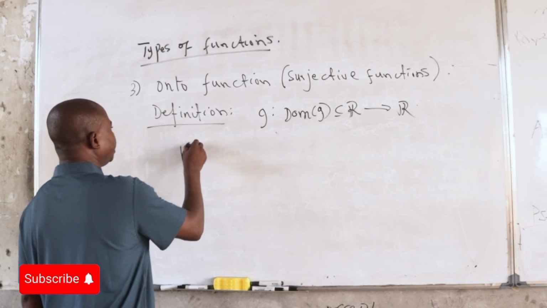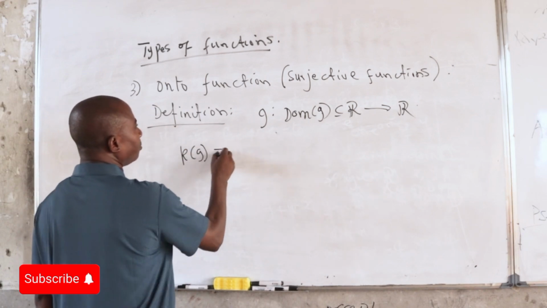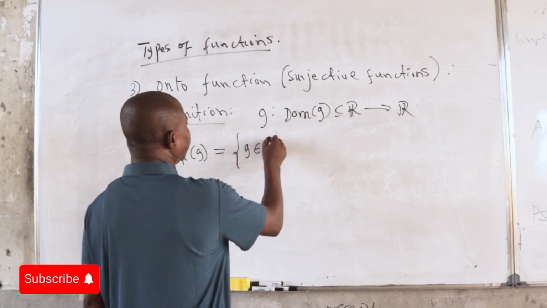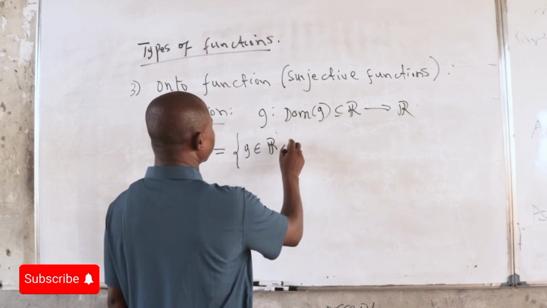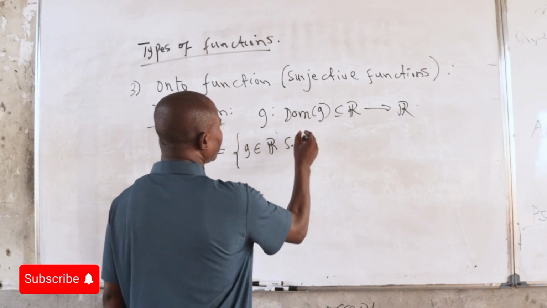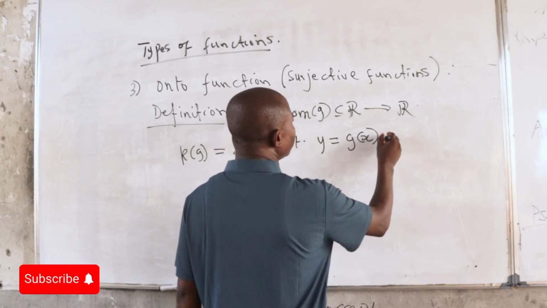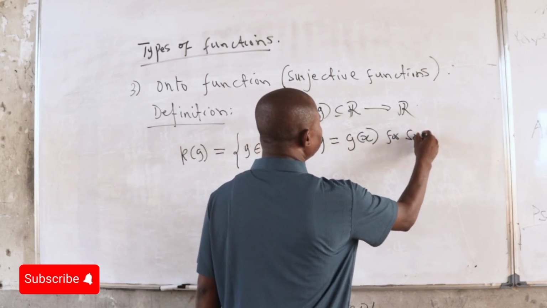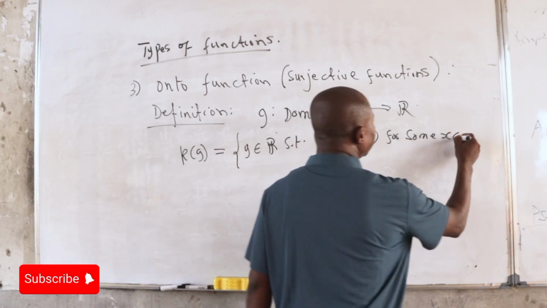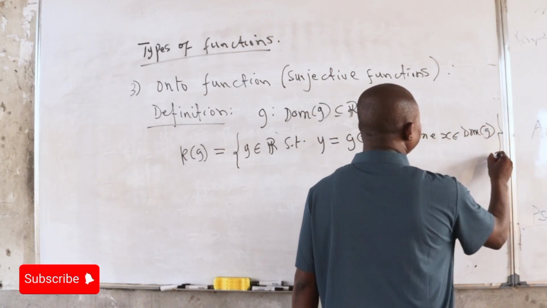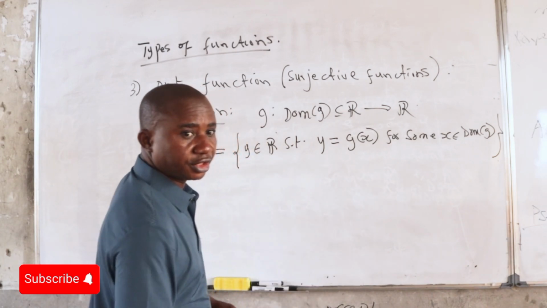The range of g, R of g, by definition, is the collection of all y in R such that we can write y as g of x for some x in the domain of g. This is the definition of the range of a function.